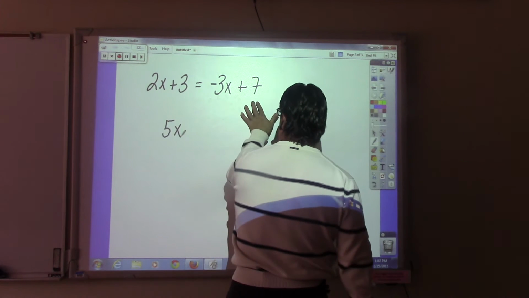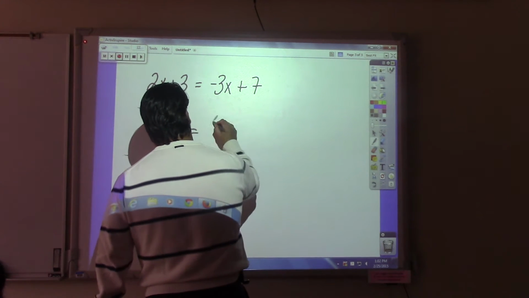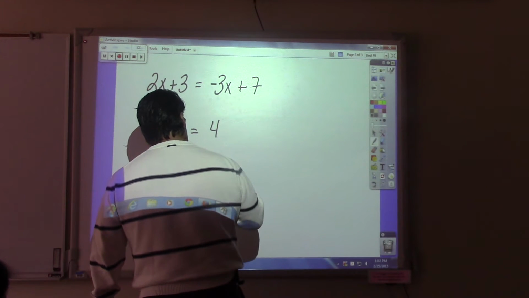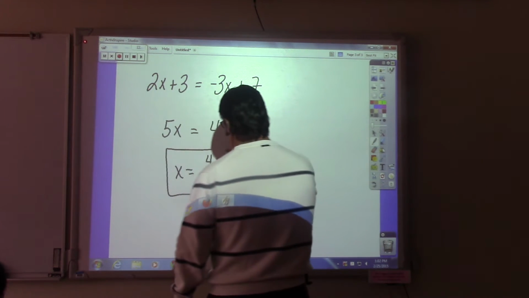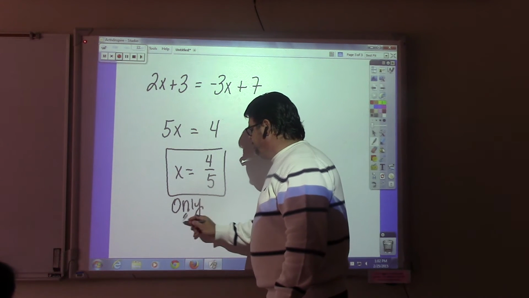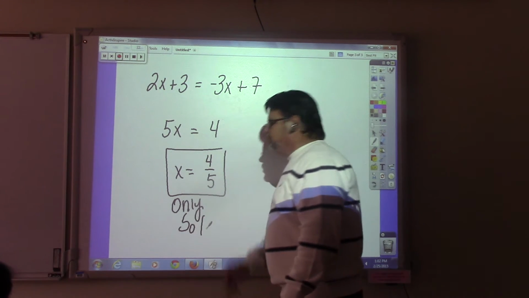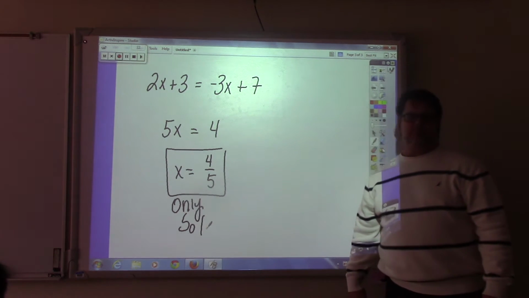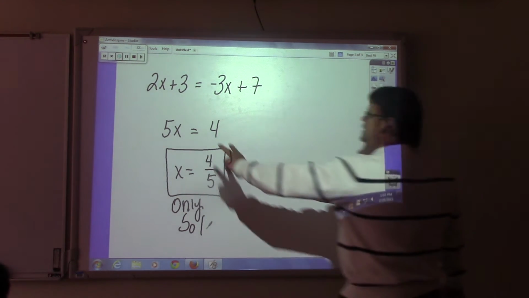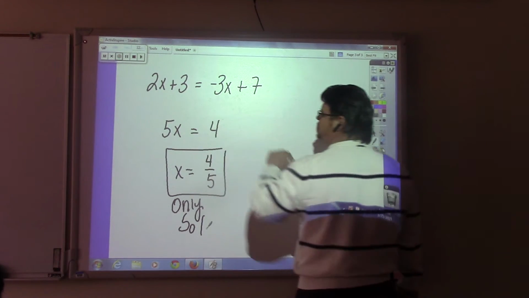That 3 will come over and be 4. And x is equal to 4/5. And as I said before on the previous problem, that is our only solution in our number system. The only number in the universe that will make these two sides equal.